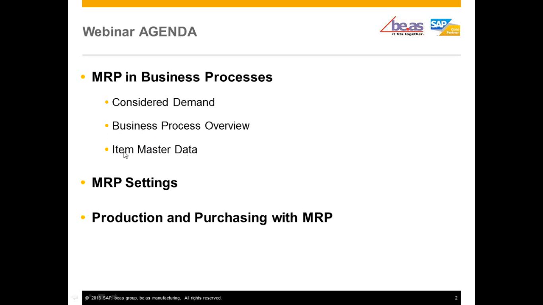The main values at the level of item master data related, of course, with the MRP. We'll see the main MRP settings in different places, and of course to see how it works.